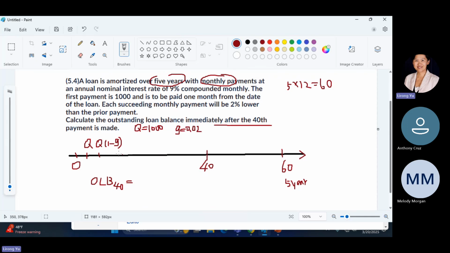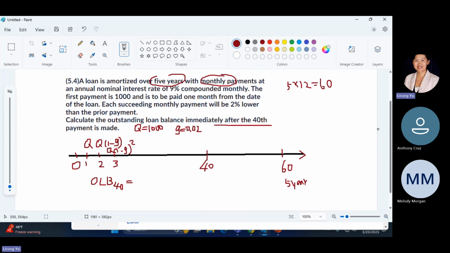You can also do 1 plus G, with G being negative. That's 1 month, 2 months, right? And then at 3 months, it will be a payment of Q times 1 minus G squared.